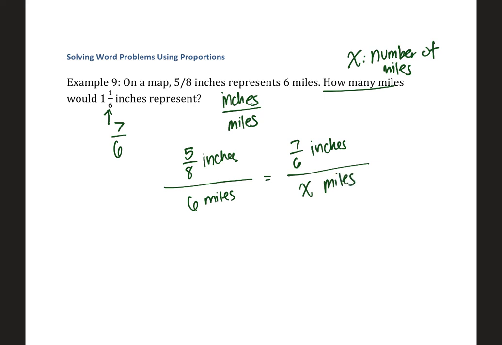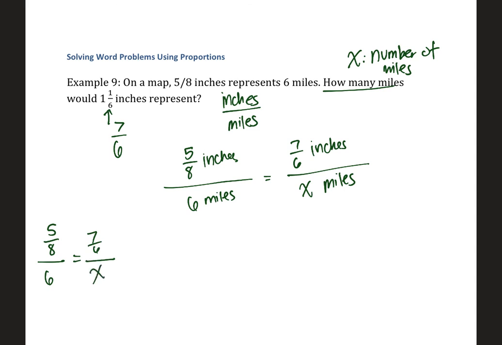We don't know how many miles there are. I'm going to do what I did last time, is take all of these without the units, I mean. So we have 5/8 over 6 is equal to 7/6 over x.